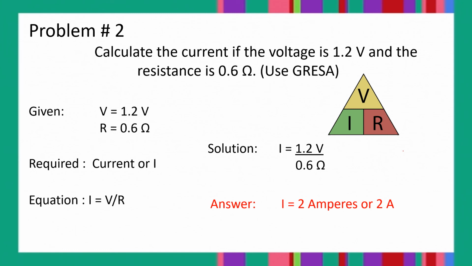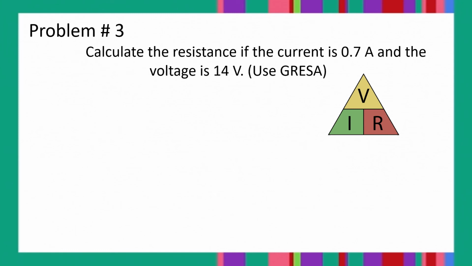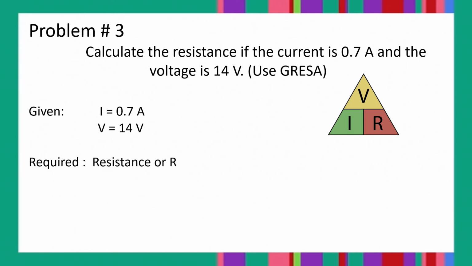And problem number 3. Calculate the resistance if the current is 0.7 ampere and the voltage is 14 volts. Using GRESA, given: current is 0.7 ampere, voltage is 14 volts. Required: we are looking for resistance or R. Equation: R is equal to voltage divided by current.